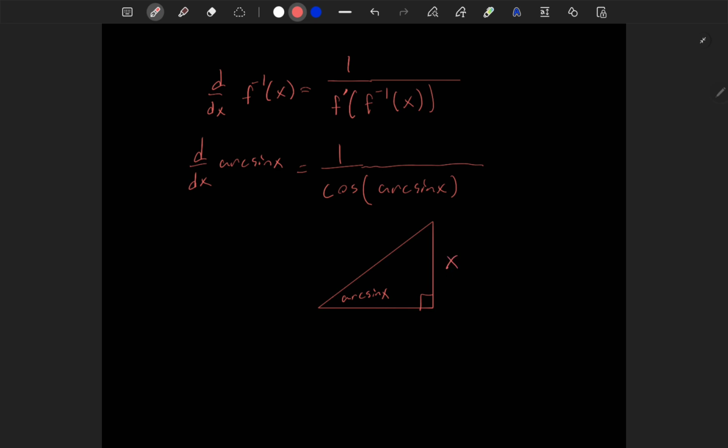The most straightforward way I know is to make that height x and the hypotenuse 1. So the sine of this angle is indeed x over 1 equals x.